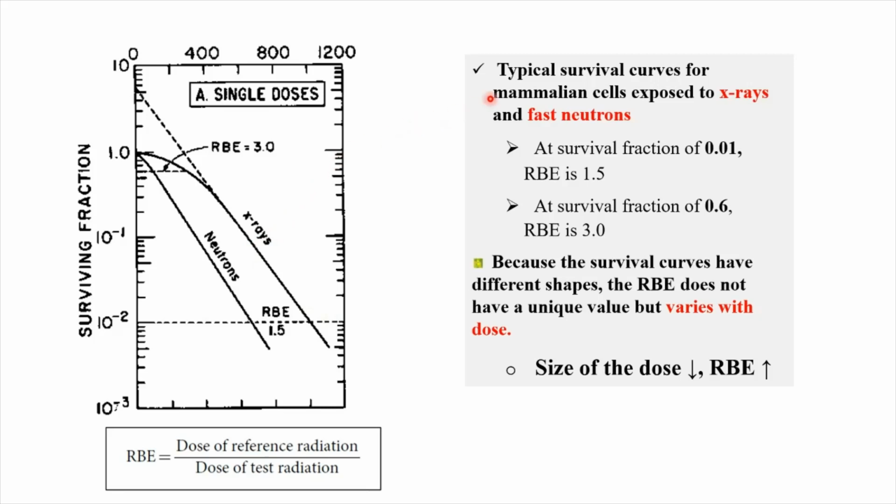And the same goes for 0.6 survival fraction, where the RBE is 3.0. As the size of the dose goes down, the RBE goes up. So as you keep decreasing the dose of test radiation, the RBE keeps increasing further.